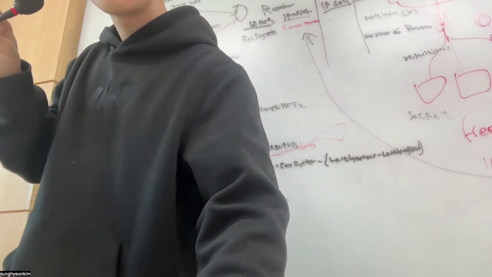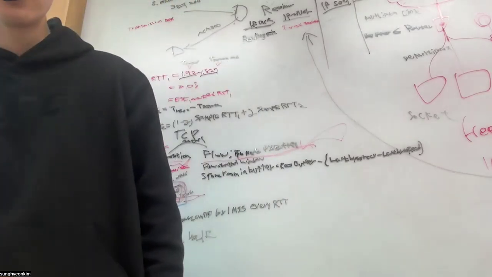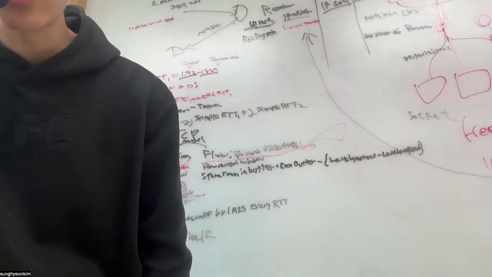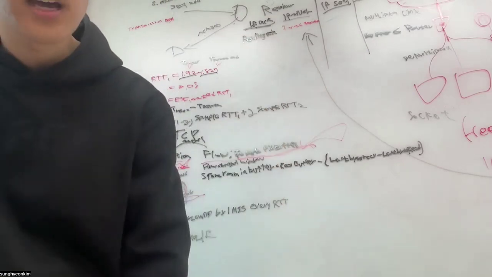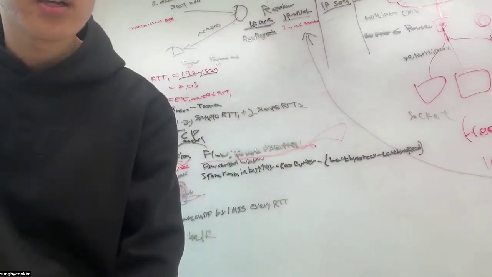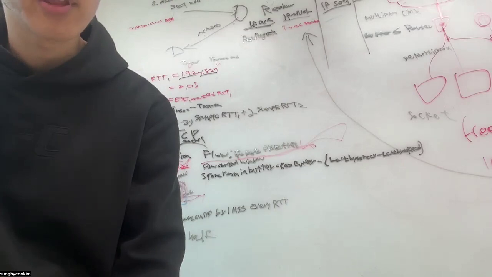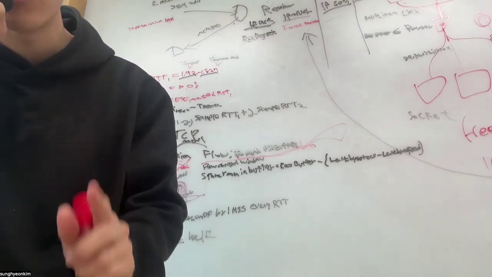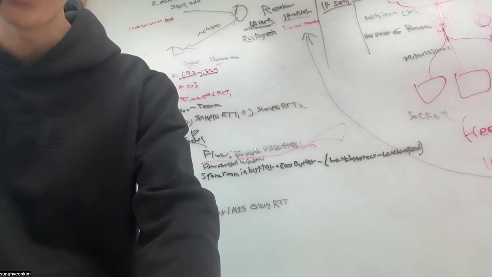So for TCP congestion control, 3 important things: if there's duplicate acknowledgement, they drop the window down, and if there's nothing special, if it goes successfully, they increase 1 MSS per RTT.